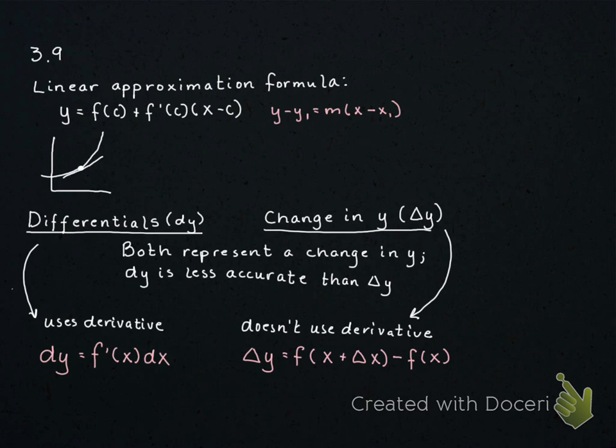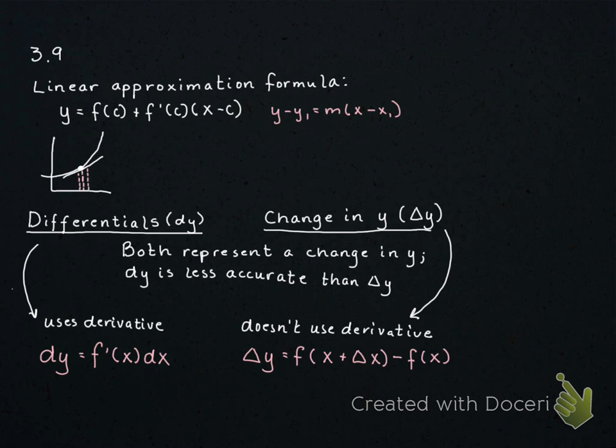Now, the idea behind a linear approximation is that you get an equation for a line tangent to a curve, and when you get that, you're able to use that linear equation to estimate values around that value of x, as long as the difference between x and the value you are approximating is very small.